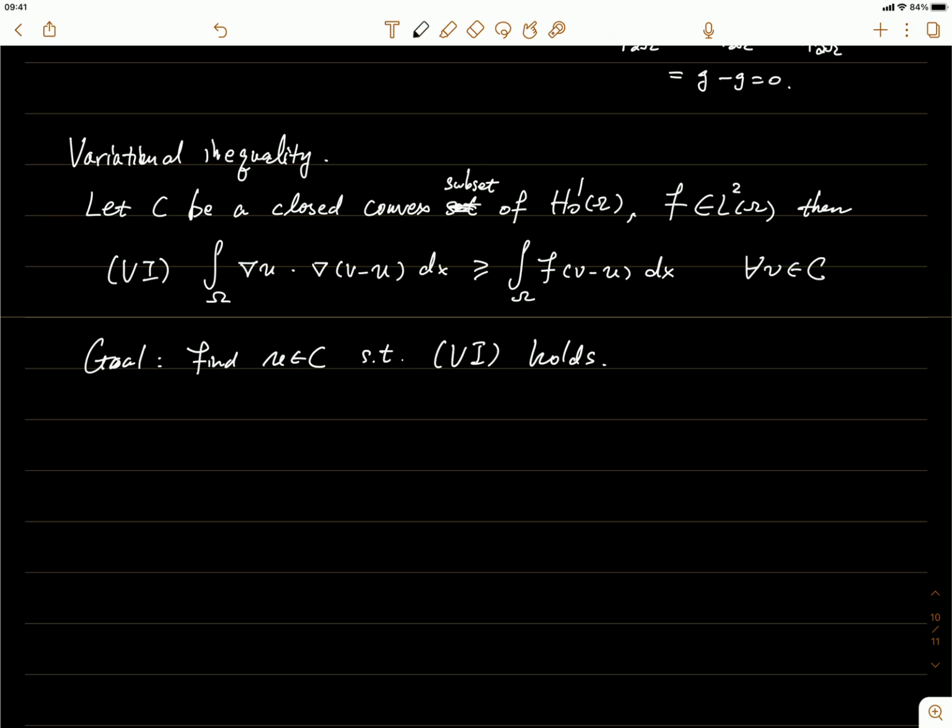Again, as we did before, we can think of this norm as the H01 omega norm. We consider this. We know that it's a Hilbert space, right?